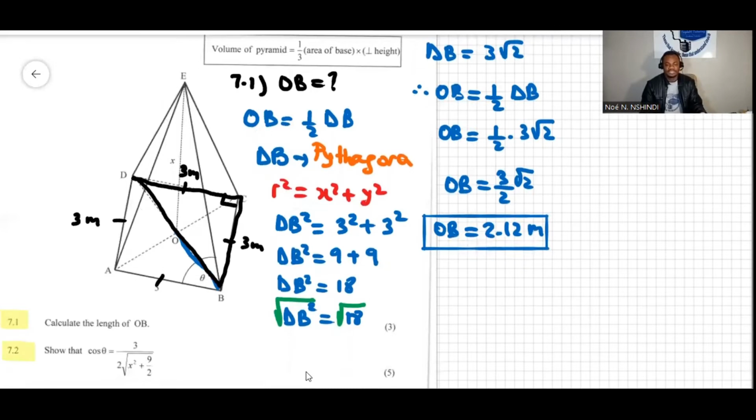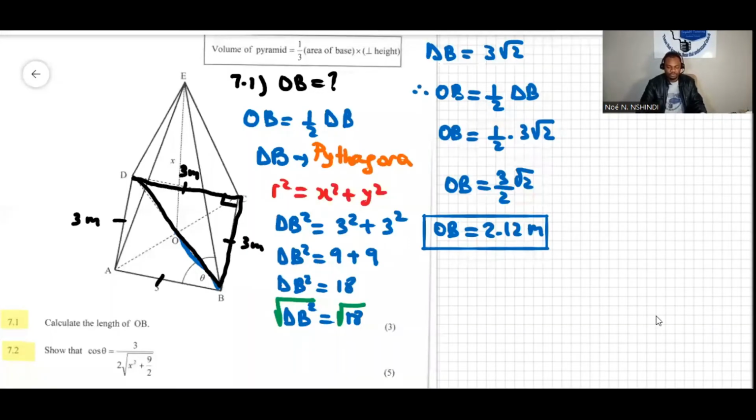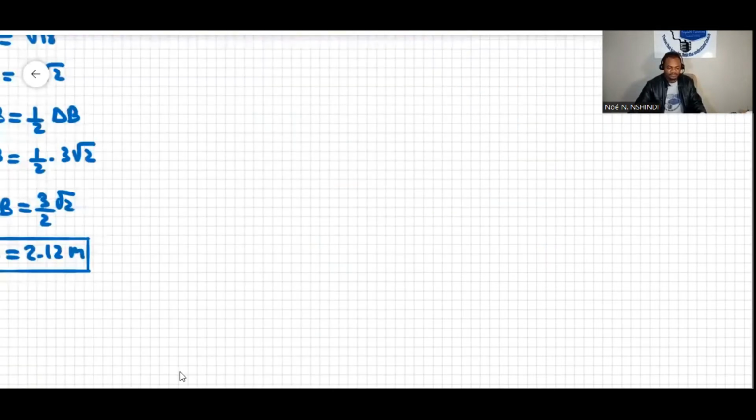The following question is question 7.2. It says show that cos of theta equals 3 over 2 square root of x squared plus 9 over 2. I prefer to move my board this way. Let's just split my board like this. So now we have question 7.2.